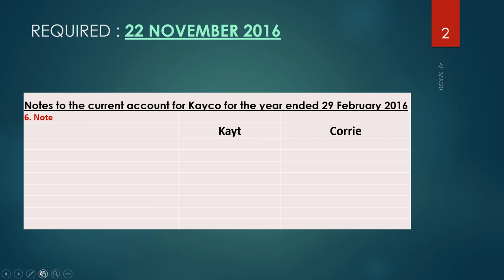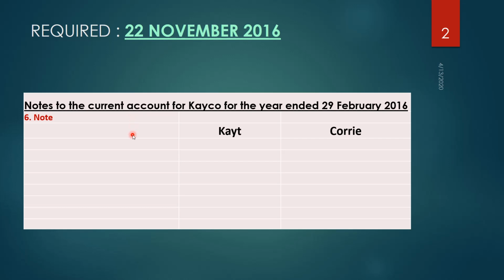Firstly, I want to bring to your attention the fact that the note to the current account has columns. If you contrast this to the current account in the form of a T account, the T account will consist of a debit side and a credit side. However, the note to the current account consists of columns.